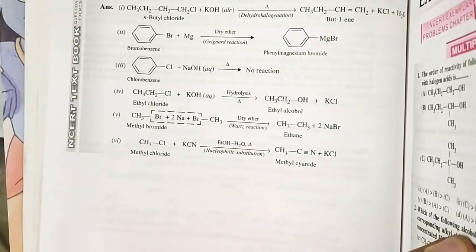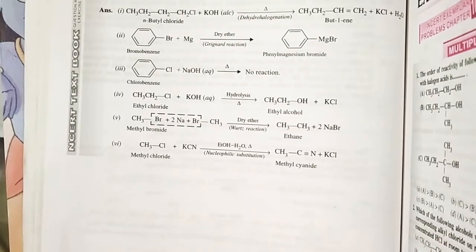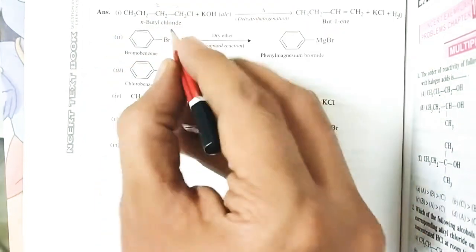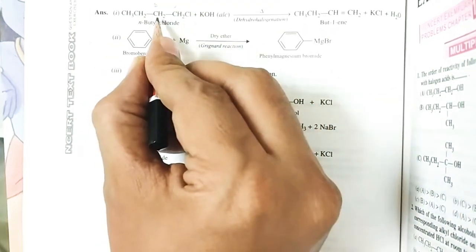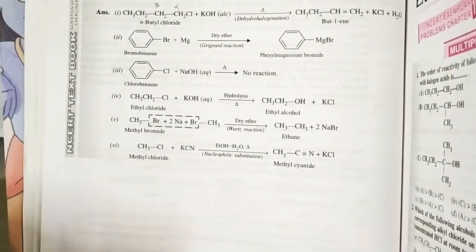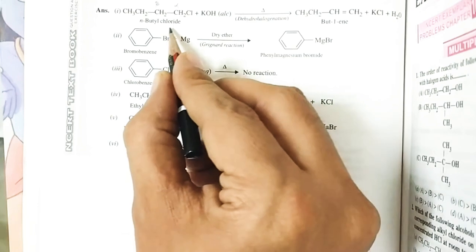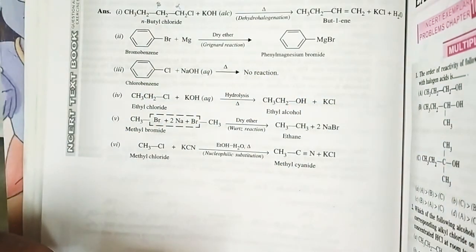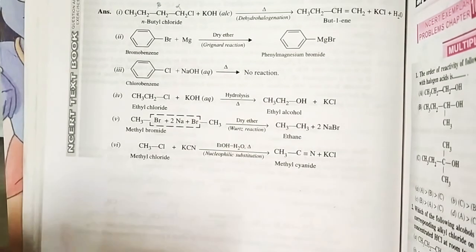It's a beta elimination reaction, always a dehydrohalogenation reaction, because the chlorine-containing carbon is alpha and the neighbor of alpha is beta. There is removal of chlorine from alpha and removal of hydrogen from beta, so we get the product butene. In the same way, bromobenzene with magnesium in dry ether gives a Grignard reagent. The magnesium is inserted between the carbon and bromine, and we get phenyl magnesium bromide, a Grignard reagent.